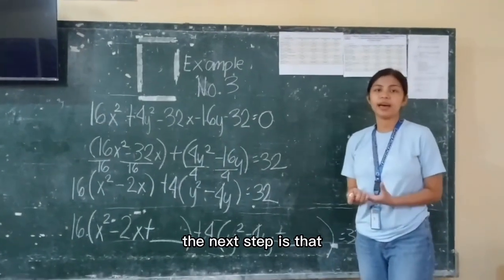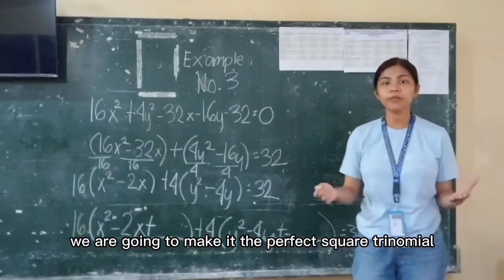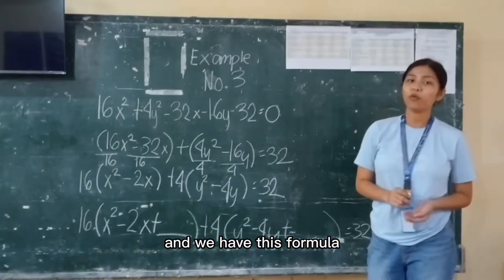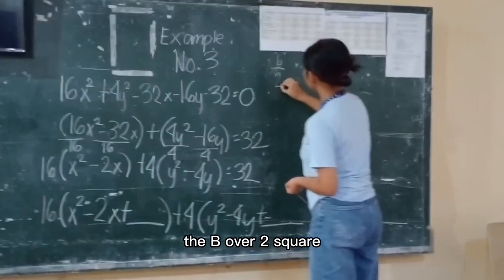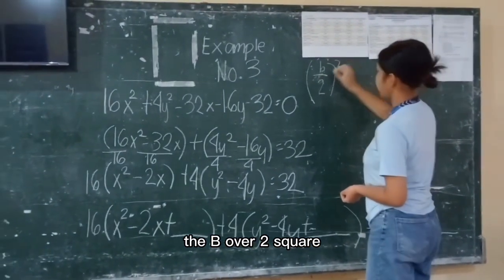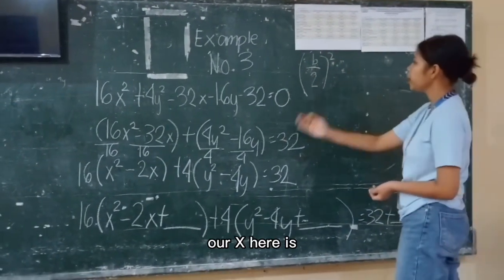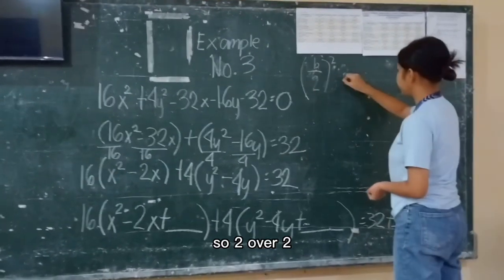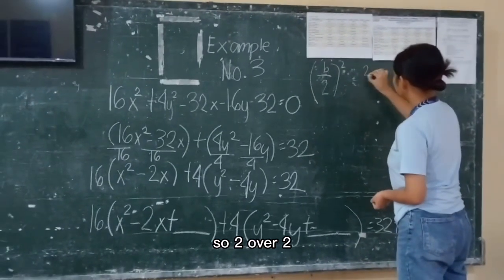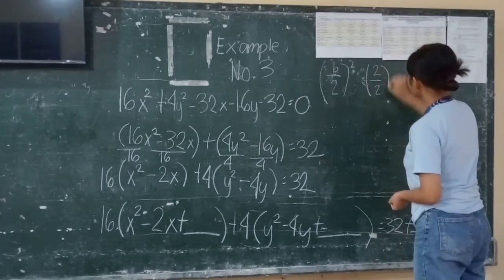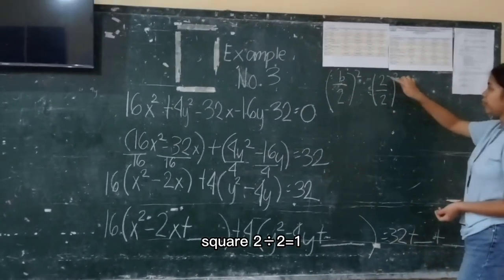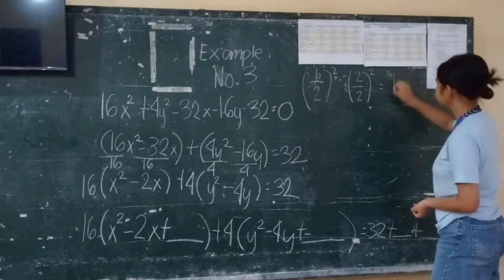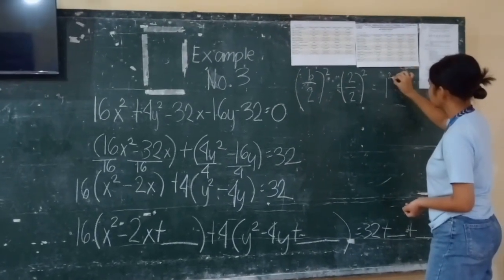The next step is that we are going to make it a perfect square binomial. And we have this formula, b over 2 squared. Our x term here is 2, so we have 2 over 2 squared. 2 divided by 2 is equal to 1.